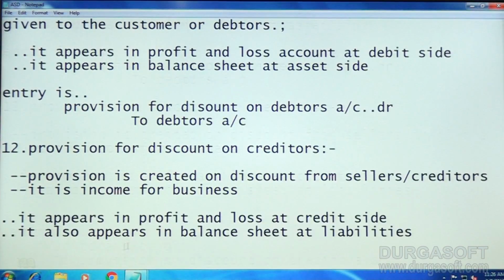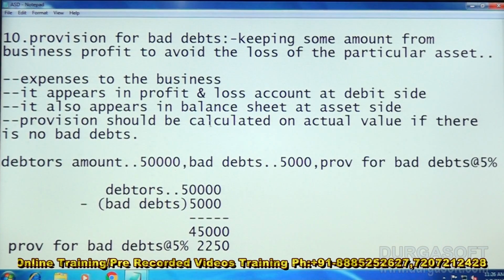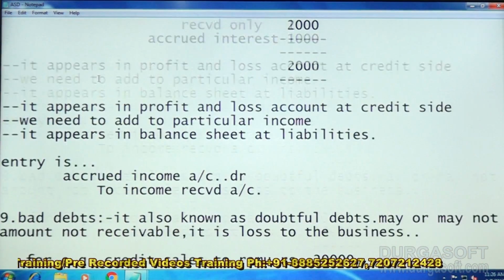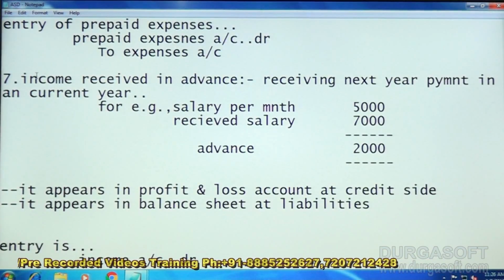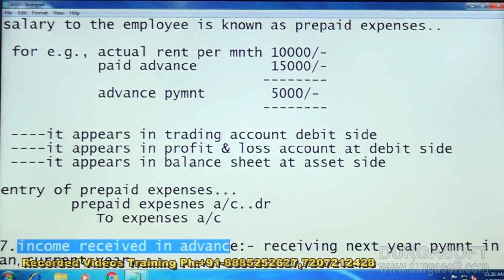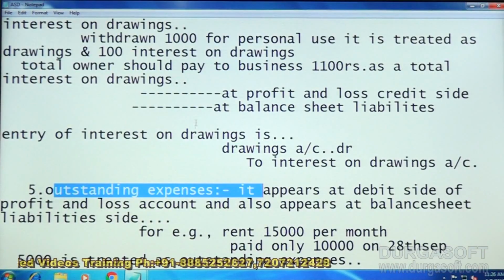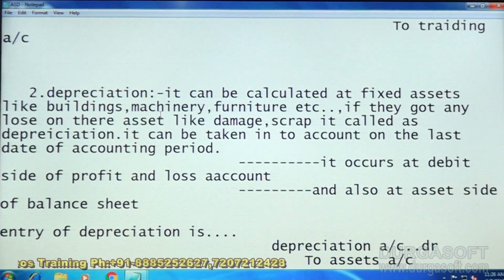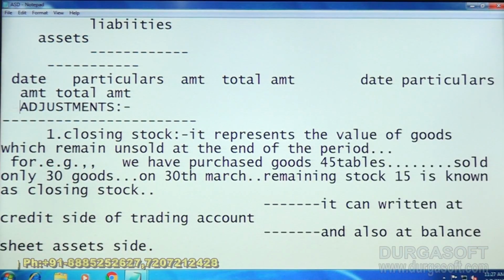Provision for discount on creditors, provision for discount on debtors, next provision for bad debts, next only bad debts, how to calculate if we face bad debts, accrued incomes, income received in advance, prepaid expenses, outstanding expenses, interest on drawings, interest on capital, depreciation, closing stock, all should be understood very clearly.